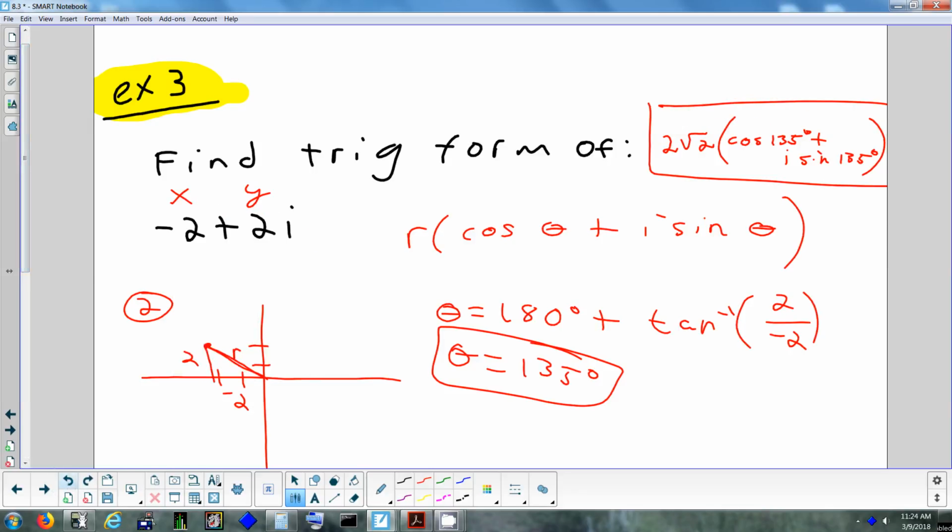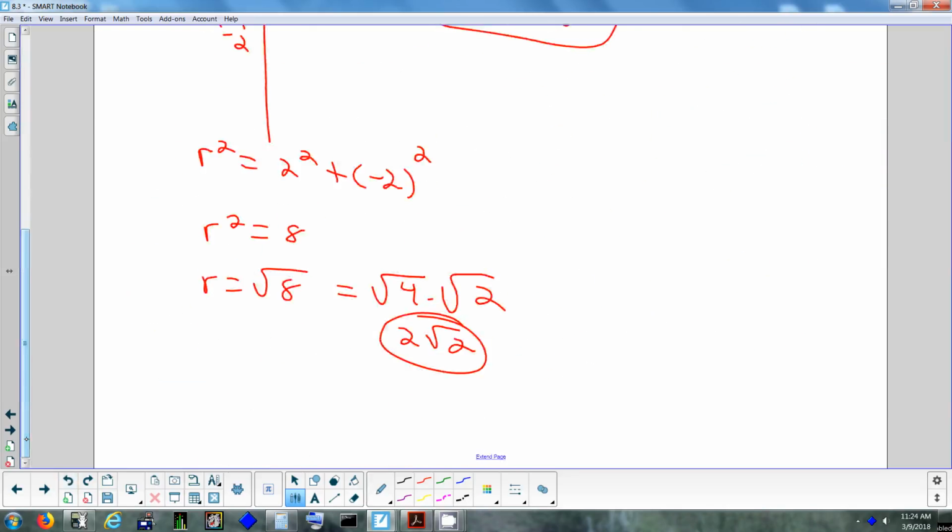Changing a number from this to trig form is necessary for everything in 8.4. You have to change things to trig form. Okay, so any question on how we got theta or how we got r? Okay, the nice thing is when you take the test, you can go back and watch it and see exactly how to do it.